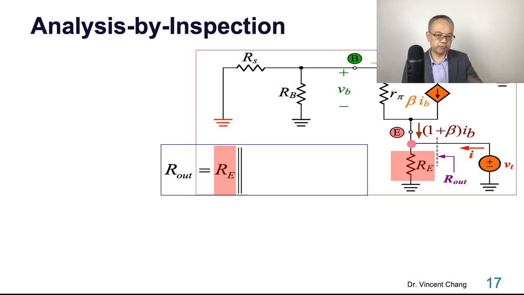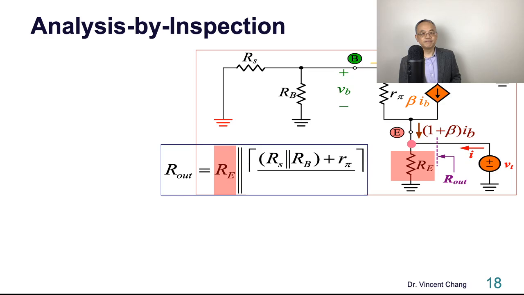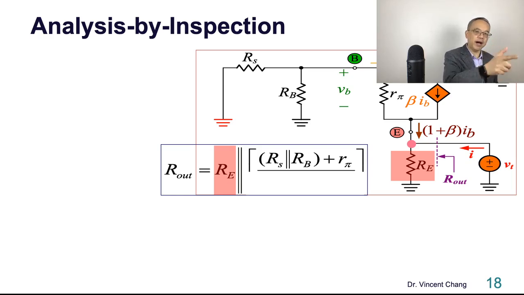So the second component is the parallel of the RS and RB, and then in series with R pi. RS in parallel with RB and in series with R pi.